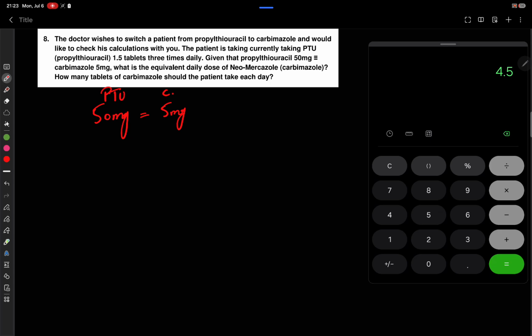This is the equivalent. The patient is taking 1.5 tablets of propylthiouracil. Now, one tablet is equal to 50 milligram.